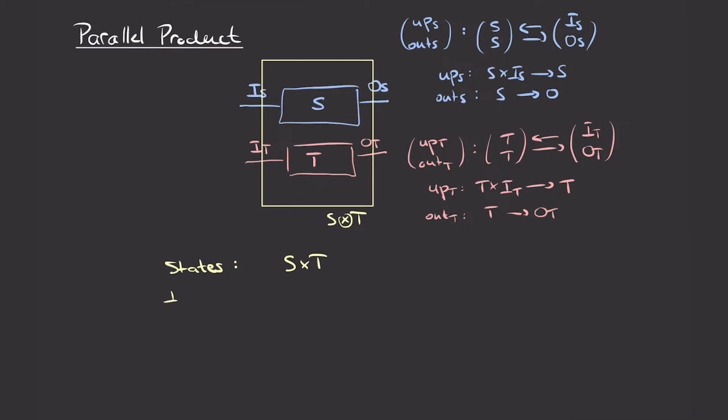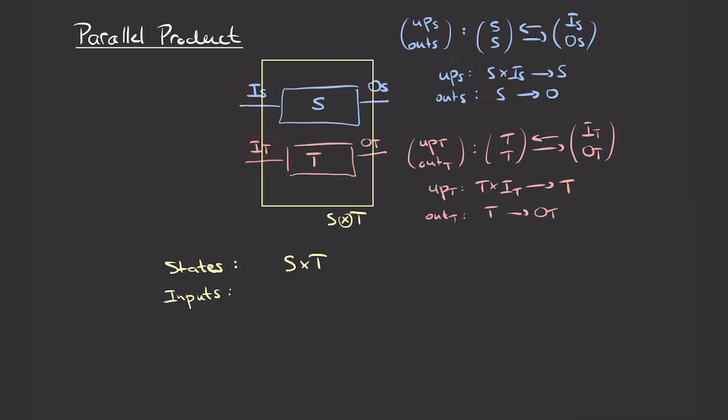Okay, and now let's look at what inputs S tensor T takes. So we see from the picture and the wires going into the system that we have these 2 wires, namely IS and IT. And in order for S tensor T to take an input, it needs to take an input both from IS and also from IT.